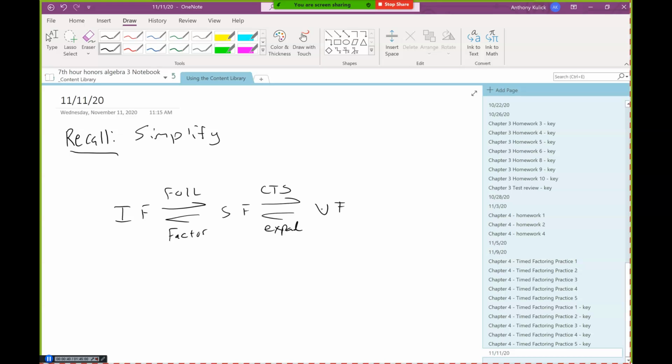And last time we had kind of finished completing all the procedures that we need to transfer back and forth between these three forms of quadratics, right? Last time we had finished doing all of our factoring shortcuts that we needed. So now we had like a fully functional procedure on how to move back and forth between all these different forms. Okay?